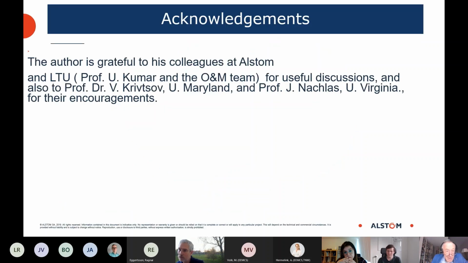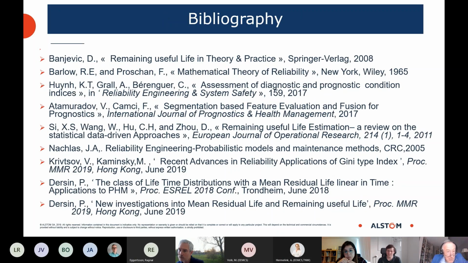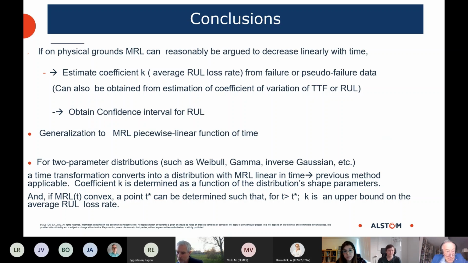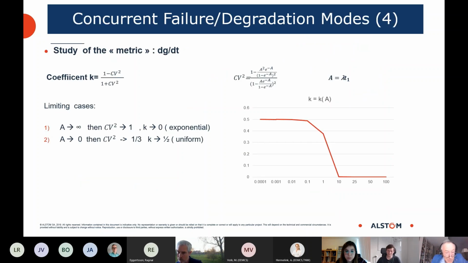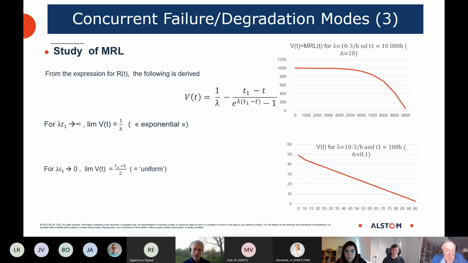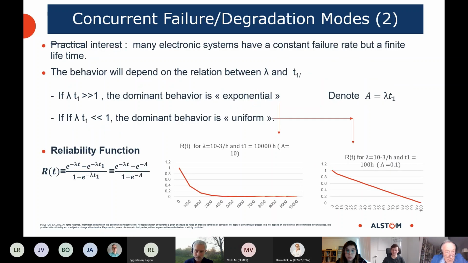Yeah, that's a good question. In the last part of the talk, I tried to address one special case, and you can see it's already quite complex, because the only way I was able to deal with it, but it doesn't mean that it's the only way, was to derive the reliability function and the mean residual life. But maybe another way, and this should be ongoing research, would be to look directly at this G transformation, etc., or at the two degradation modes together, and see how you could build a picture of the complex structure.